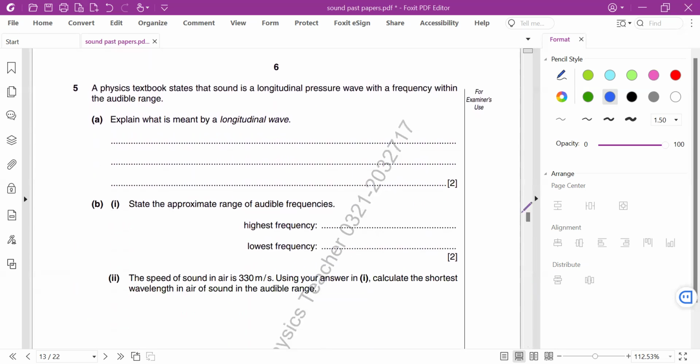Okay, a physics textbook states that sound is a longitudinal pressure wave with frequency within the audible range. What is meant by a longitudinal wave? Again, a repeated question.